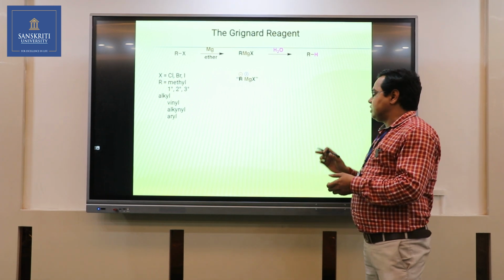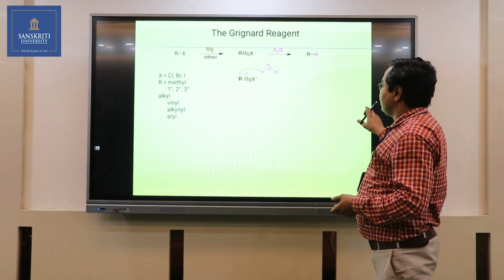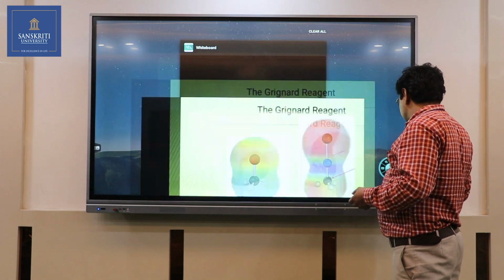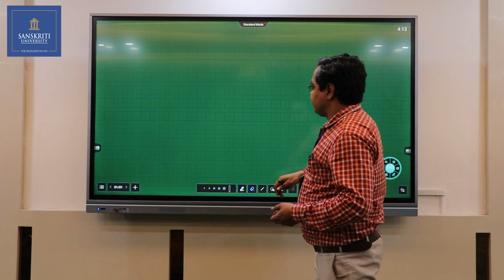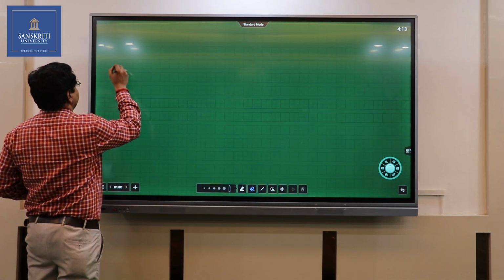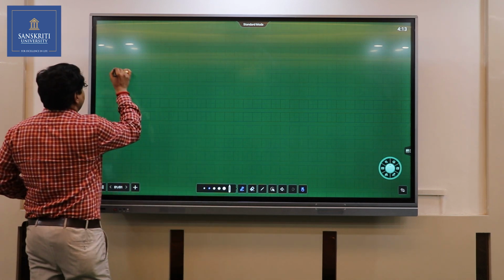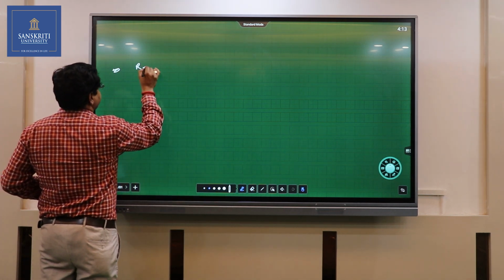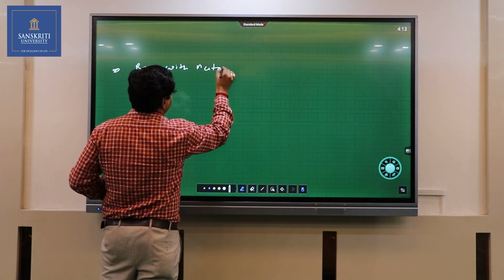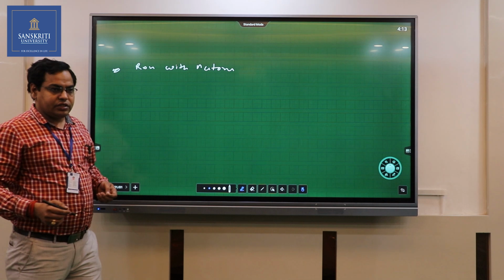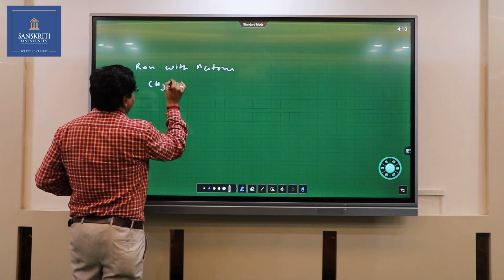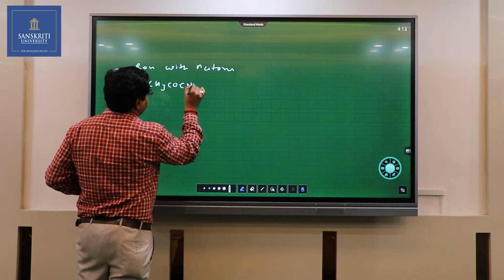Next is the application of Grignard reagents. There are different types of applications, like reaction with acetone, CH3COCH3.